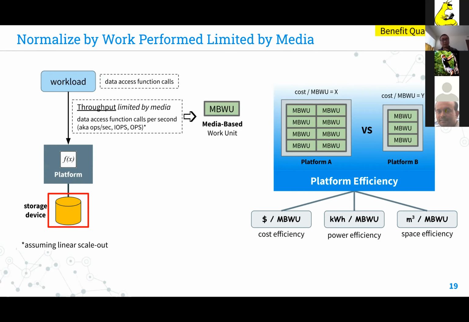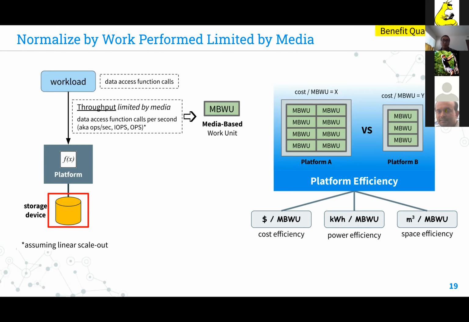If we can ensure that the only limiting factor of the throughput is the capability of the storage device, that it is not bottlenecked by the platform CPU or the memory subsystem, but only by the bandwidth of the storage device, then this throughput becomes a performance characterization for the workload running on the specific storage device. We define this throughput to be an MBWU, or media-based work unit.